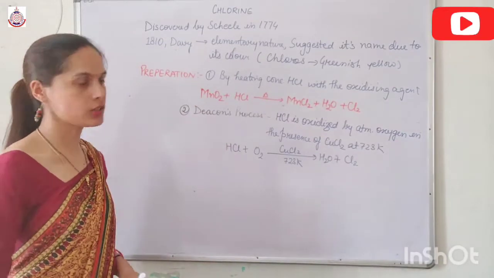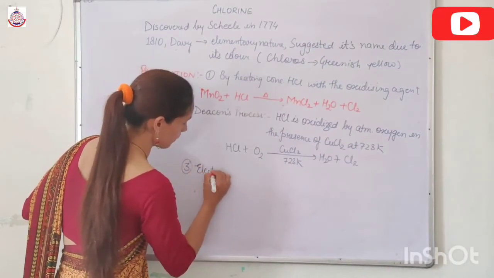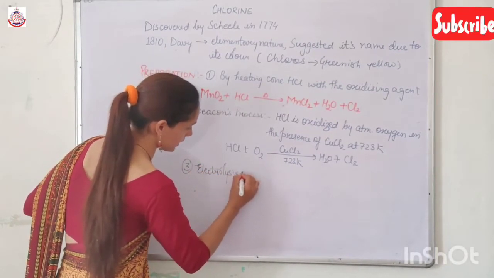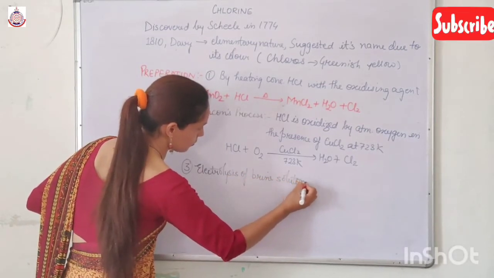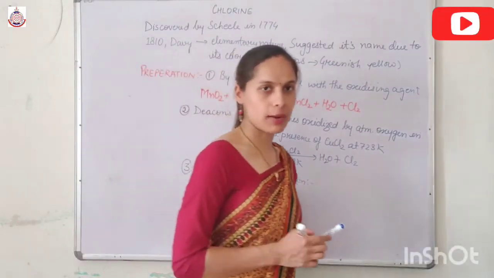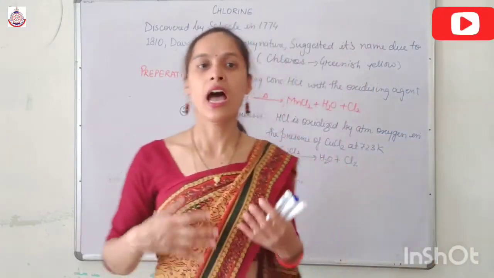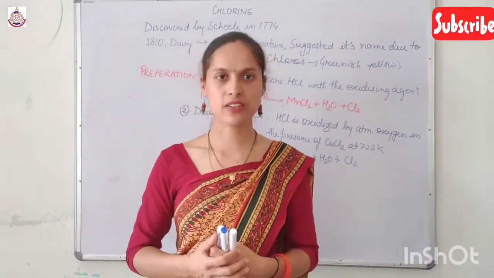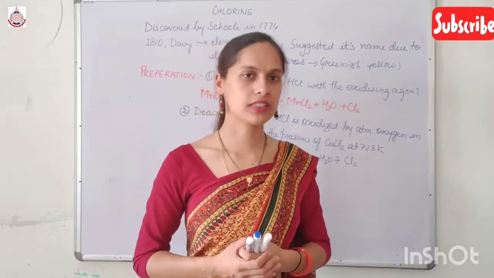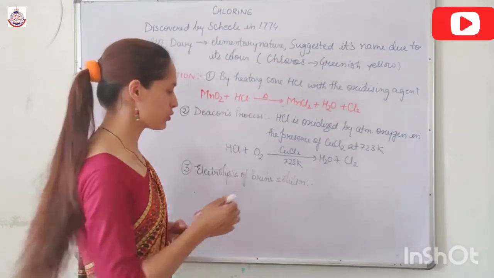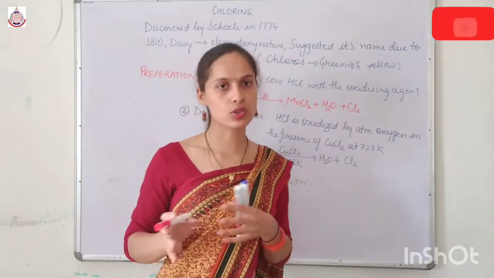The third method through which we can prepare chlorine is the electrolysis of brine solution. In the electrochemistry chapter, we have studied how different ions discharge at the respective cathode and anode when we have an aqueous solution of any electrolyte. If you have not seen that video, I'll provide the link in the description box. Brine solution is the aqueous solution of NaCl.